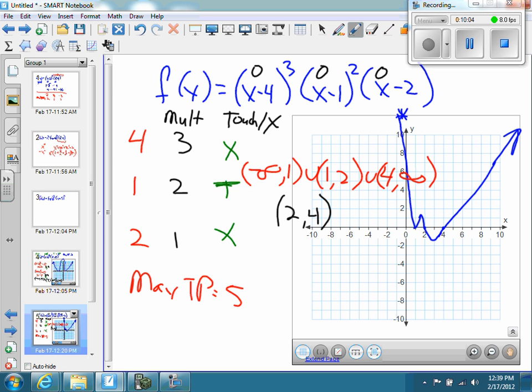But notice, forgetting about the points where it's exactly equal to the x-axis, we have gone negative infinity to 1, 1 to 2, 2 to 4, 4 to infinity. We have covered the entire x-axis from negative infinity to infinity.